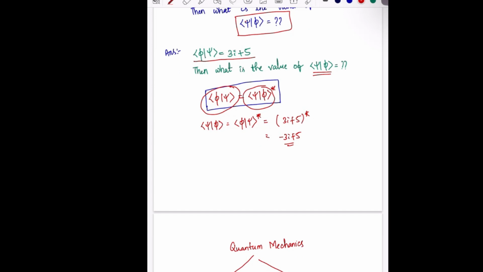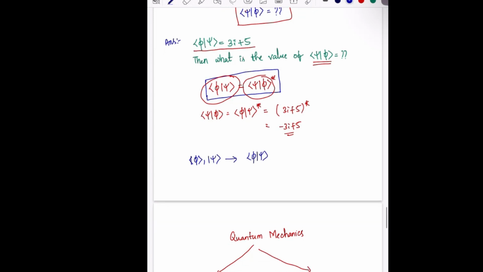So, if in a question phi is given to you and psi is given to you, and you calculated the value of phi with psi, but now in that same question it is asking about the value of psi with phi, then you don't need to do the whole procedure.